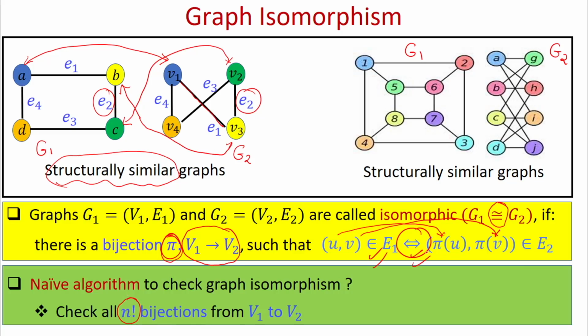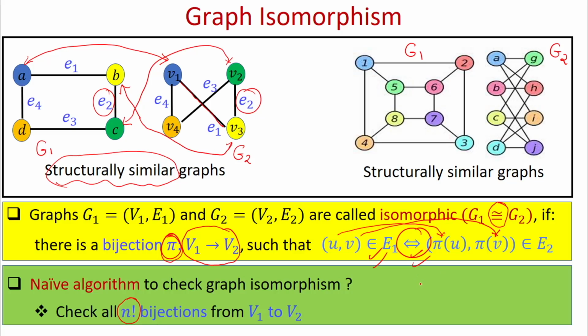Indeed, if the two graphs are isomorphic, one of these n factorial bijections will satisfy the bi-implication, and hence you can declare that the two graphs are isomorphic. But if all the n factorial bijections fail to satisfy this bi-implication, you will say that the two graphs are not isomorphic. But then what is the running time of this algorithm?